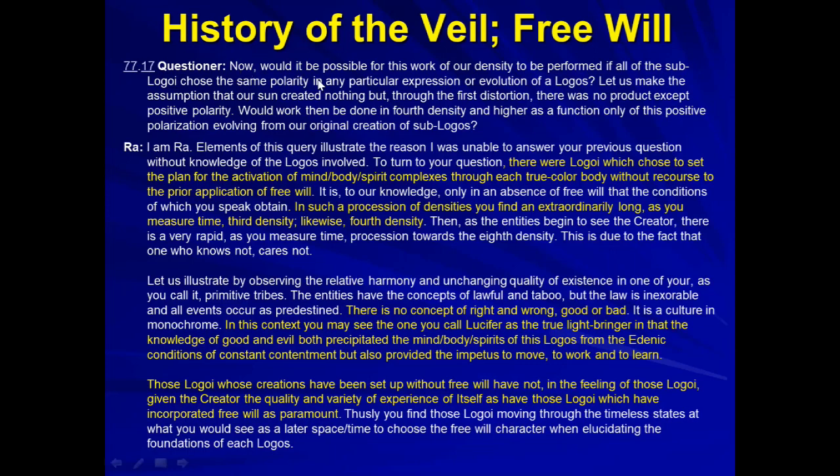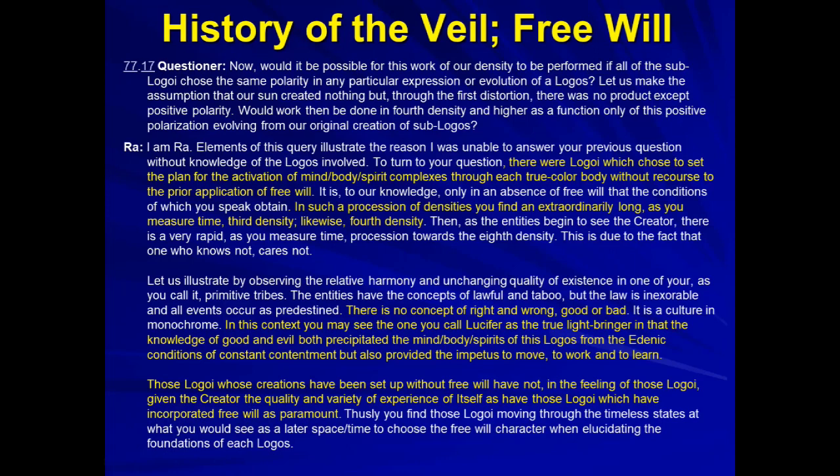So Don says, now, would it be possible for this work of our density to be performed if all of the sublogos, in other words, the sublogos are the non-central sun. The central sun is the logos or logi. The sublogi are suns like ours. So our sun is called a sublogos.